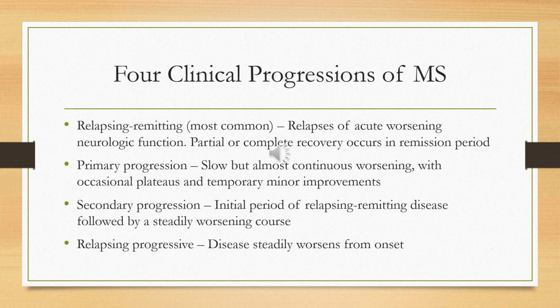And then after a while, you're just going to steadily get worse. You don't go back and forth in the secondary. And the last one is the relapsing progressive. The relapsing progressive just gets worse from the beginning of onset. It's constantly worsening from onset.